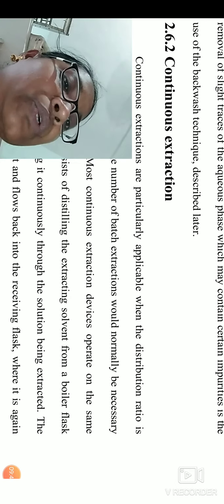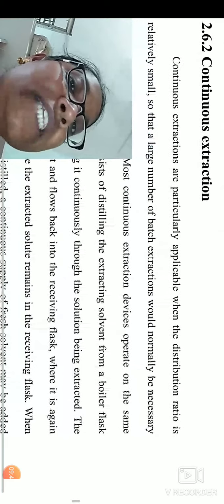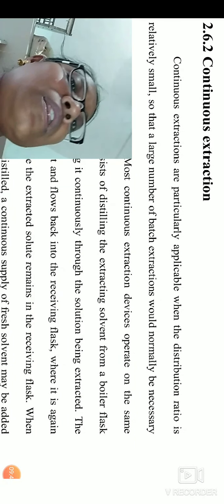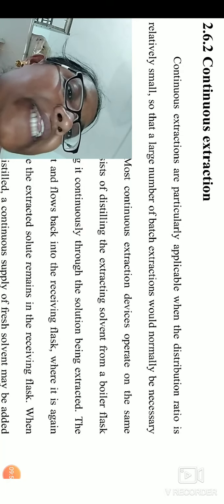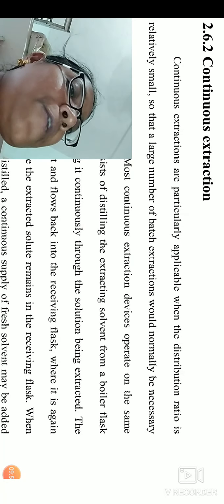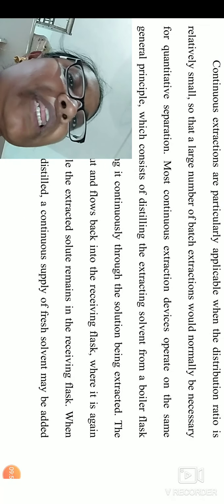Continuous extractions are particularly applicable when the distribution ratio is relatively small, so that a large number of batch extractions would normally be necessary for quantitative separations.